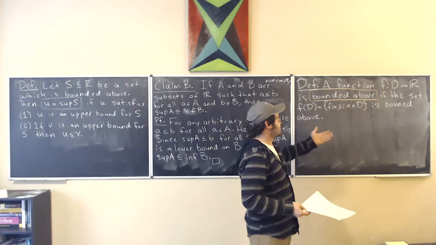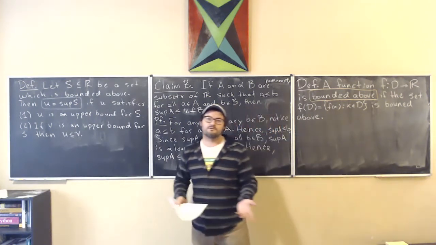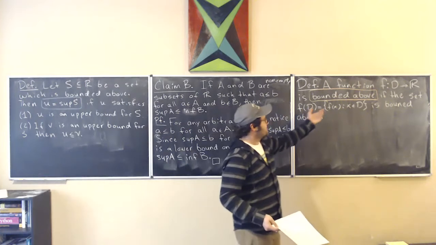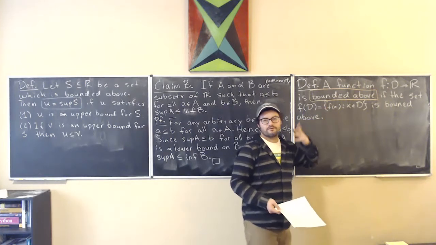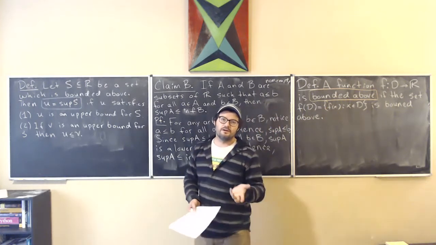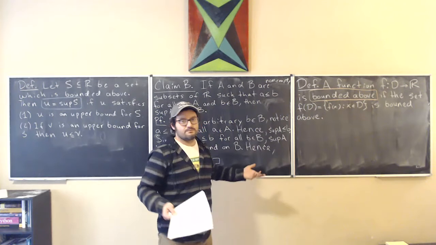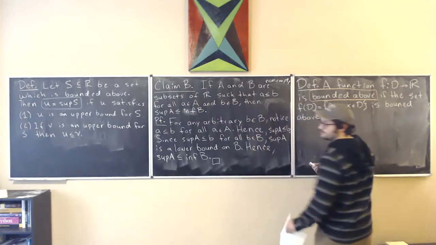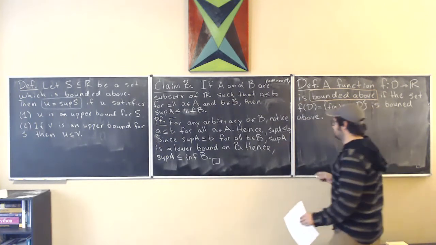It should be implied that there's a similar definition for a function to be bounded below, right? If the image or the range of a function on a set is bounded below, then we say it's bounded below. And we say that the function is bounded if it is bounded both above and below.